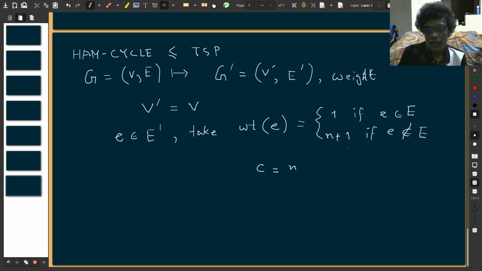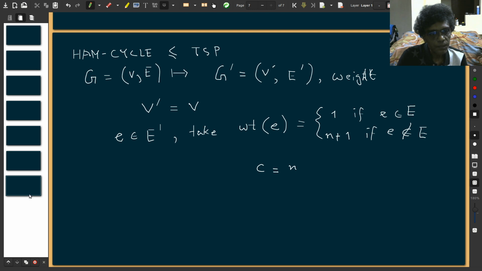Therefore, it is easy to see that G contains a Hamiltonian cycle if and only if G prime contains a tour of cost n. So I am not writing this out. This is almost obvious.